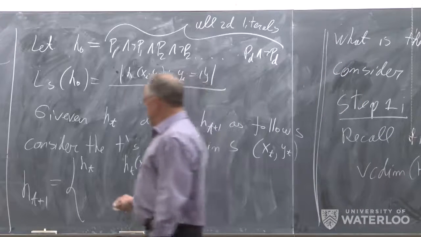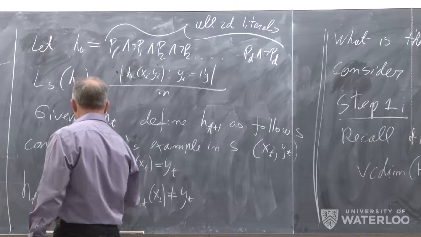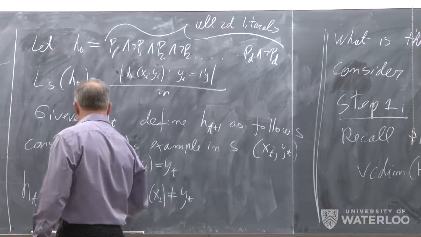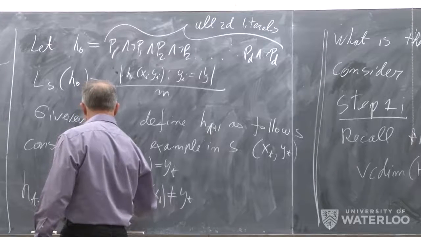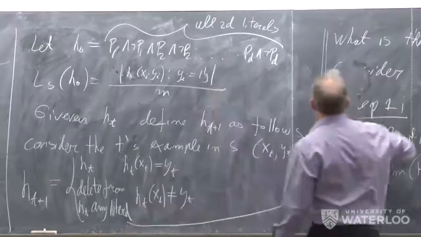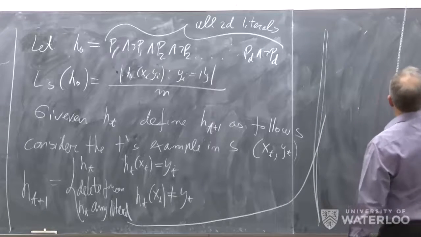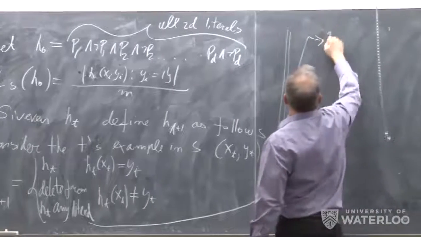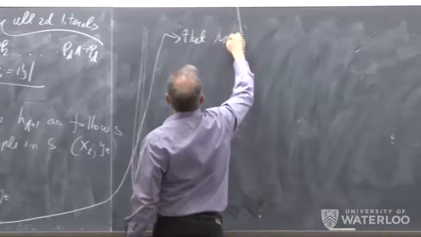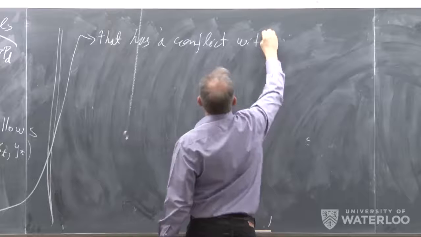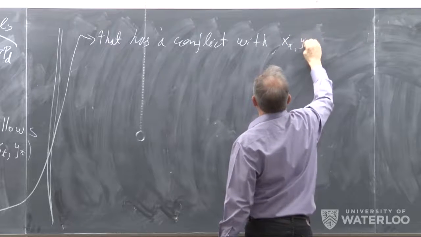So what I'm going to do is delete from ht any literal that has a conflict with xt, yt.